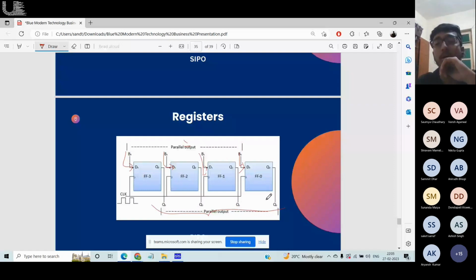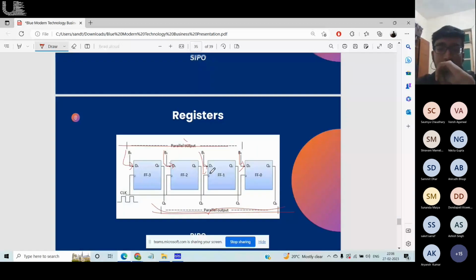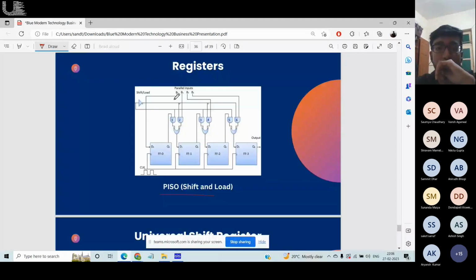And the last mode is PISO, that is parallel input and serial output, right? This is a good example of the above 2 circuits put together. If you notice, these 2 have been put together, and this one has been made, right? So if you see, there are 2 functionalities here.